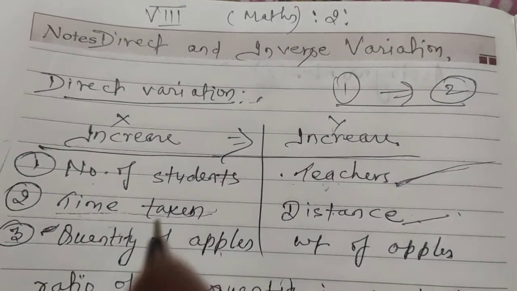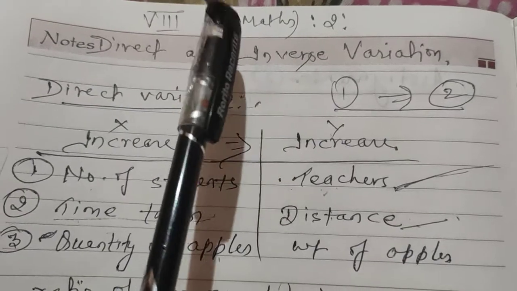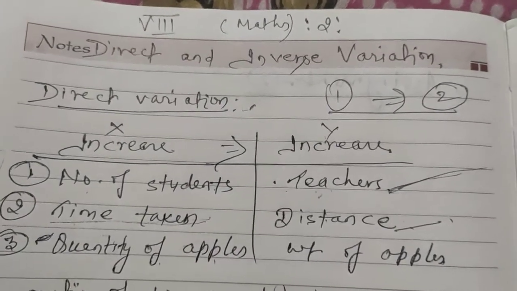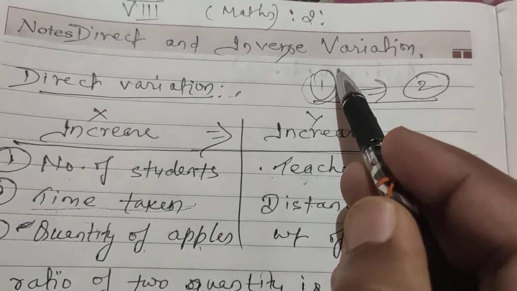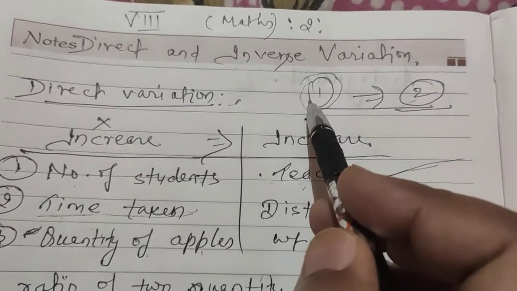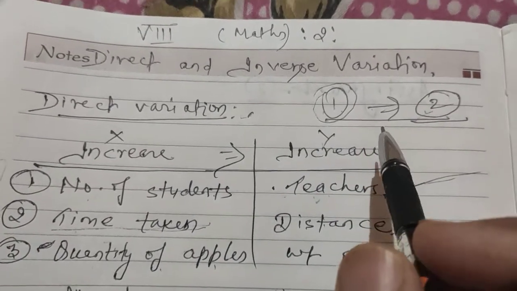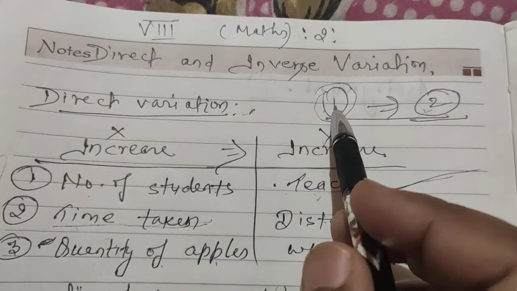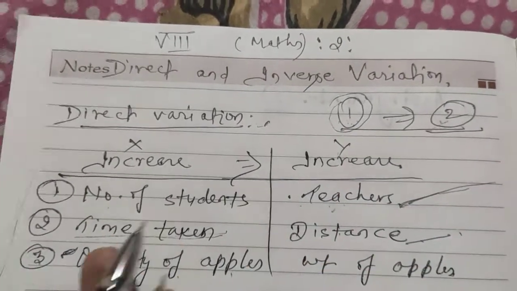If two quantities are related in such a way that if the first increases, then the second also increases, then we say that the two quantities are in direct variation. They are directly related, or directly proportional.